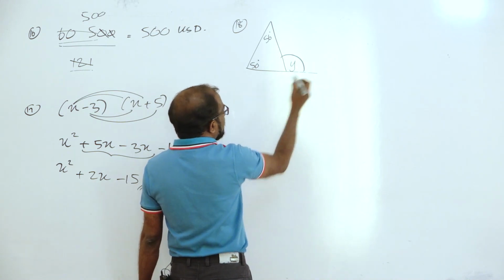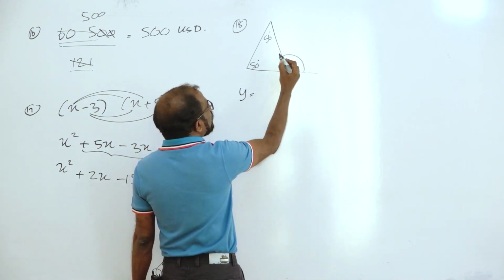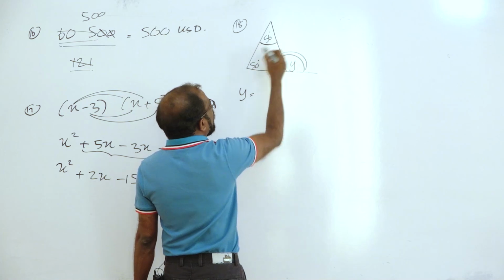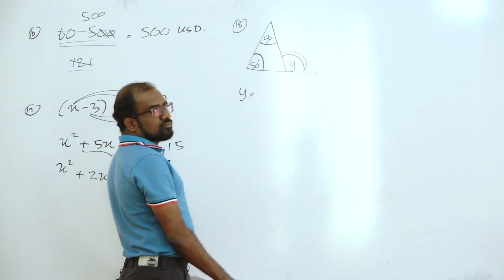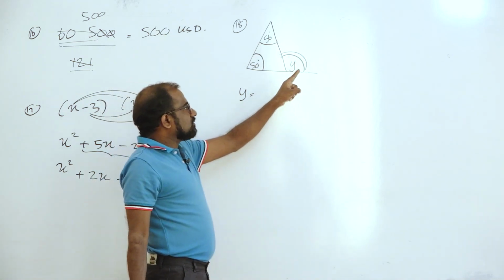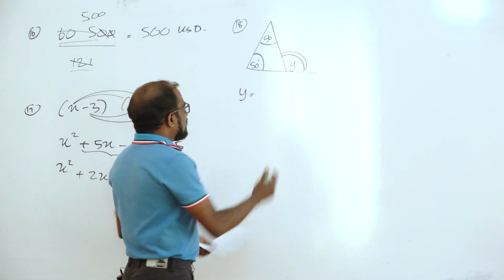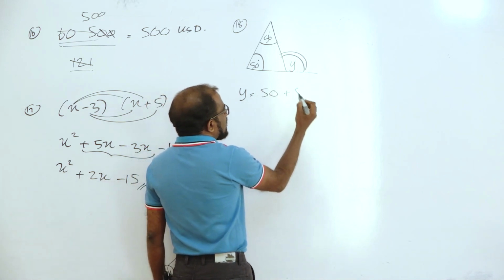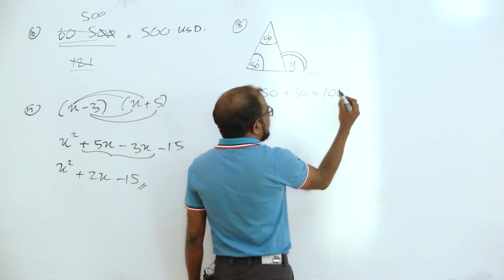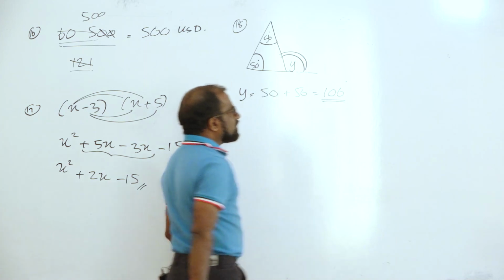Exterior angle of the triangle is equal to what? Sum of the two interior opposite angles. Exterior angle y is equal to the sum of the two interior opposite angles. So y equals 50 plus 56, that is 106 degrees.